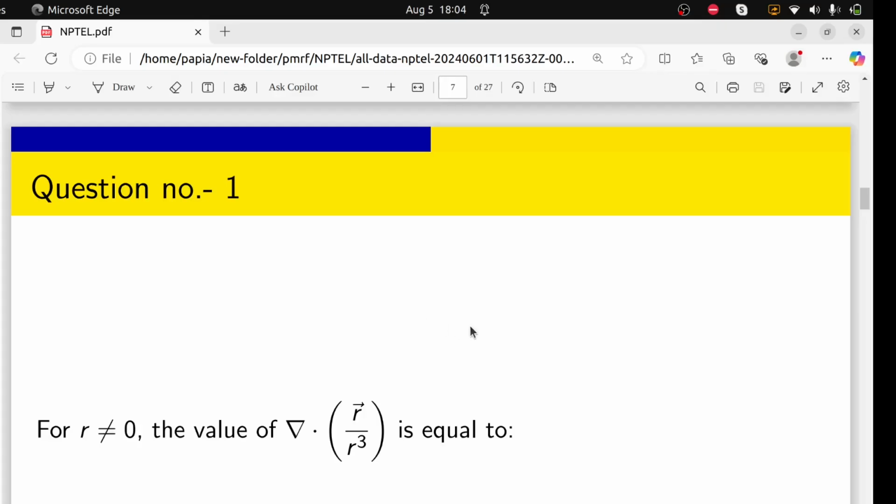I told you that I will share some important notes about the vector calculation as well as the second order differential equation solutions. I could not do that, but I will upload it maybe this week, and that will be helpful for you.